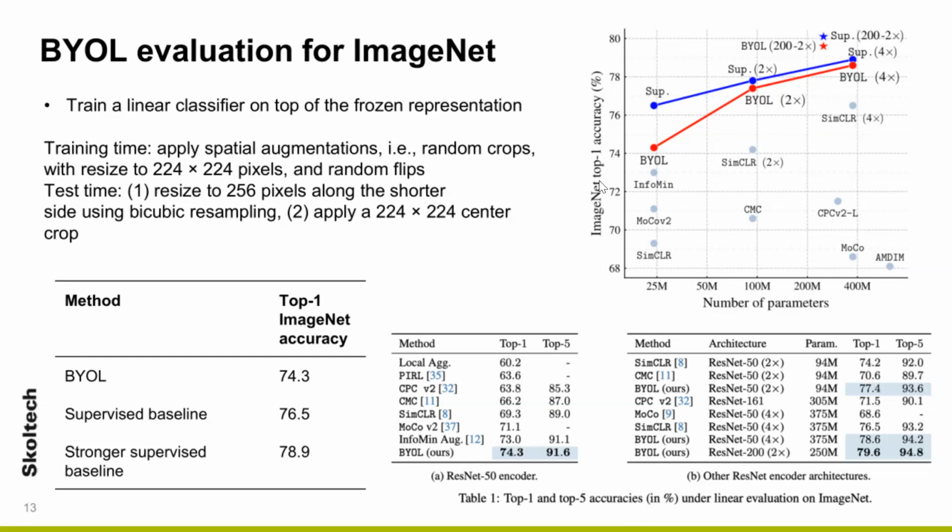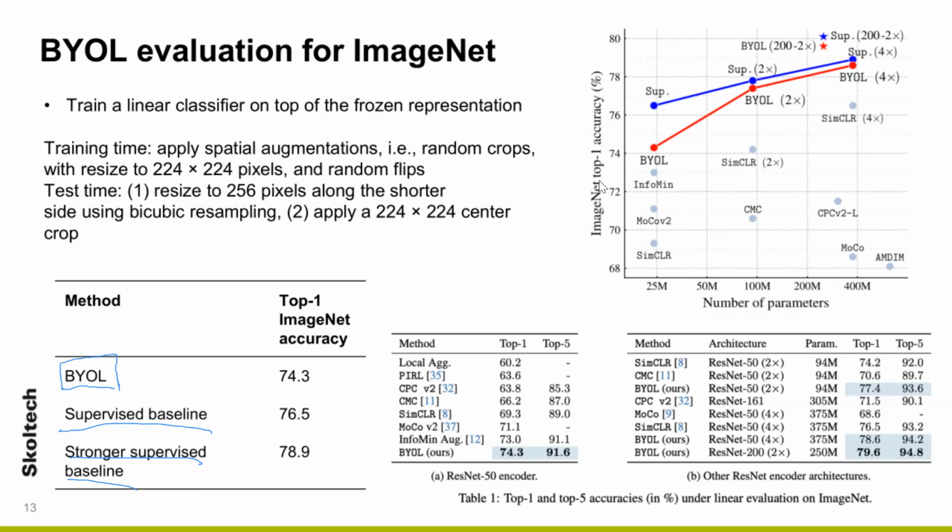So we train logistic regression and want to solve the classification problem and see what's the accuracy of the model trained using this BYOL approach and some supervised approaches that train explicitly on the labels.